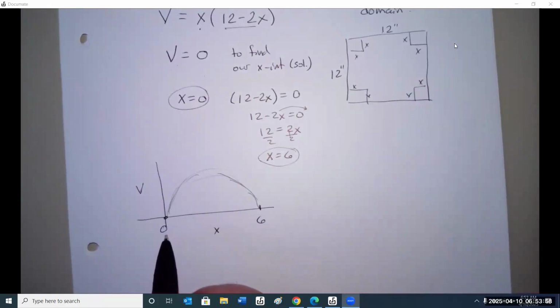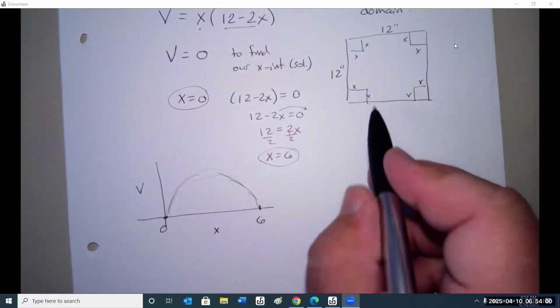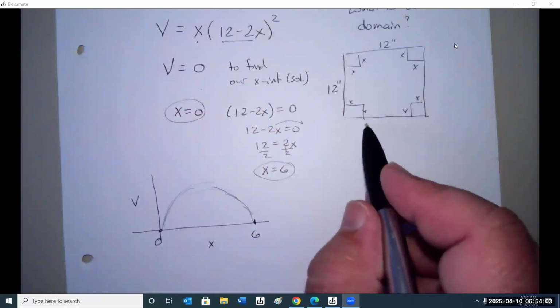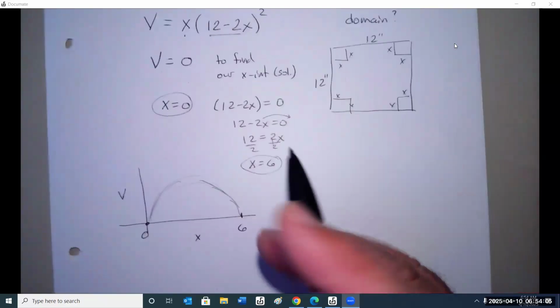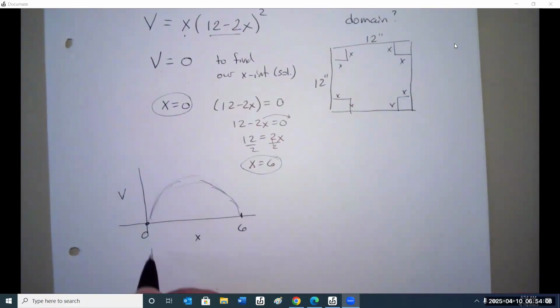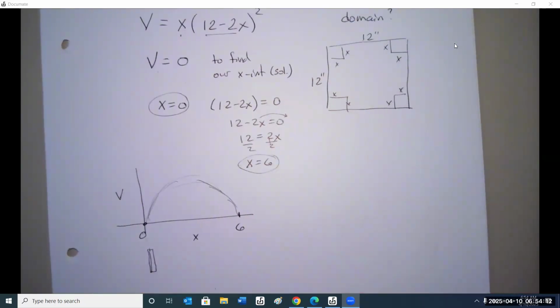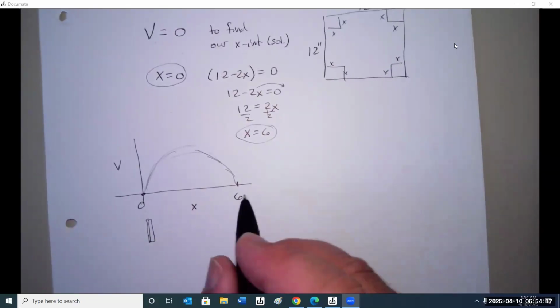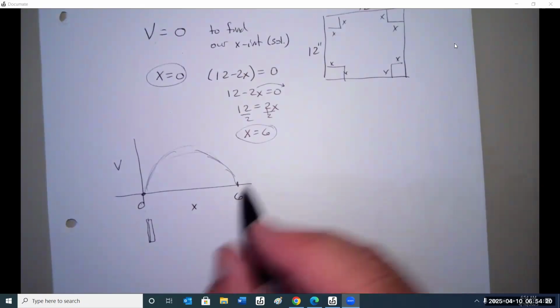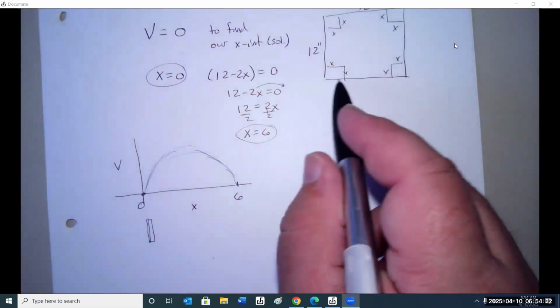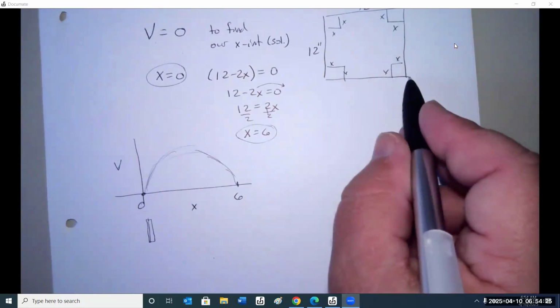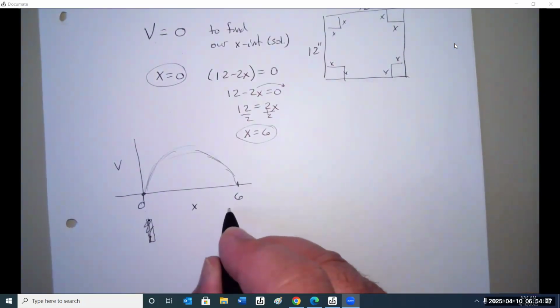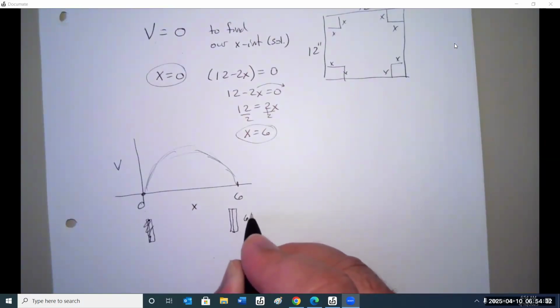Well, if the x is 0, you don't cut them, and you fold them up, what you're going to have is just a folded sheet that looks like this. And the volume is 0 because you can't put anything inside there. Now, if you have 6, then each of these is going to be 6 inches tall.